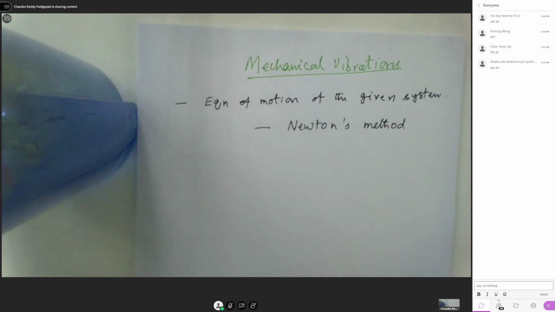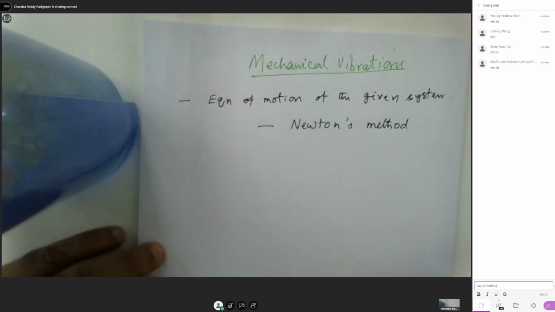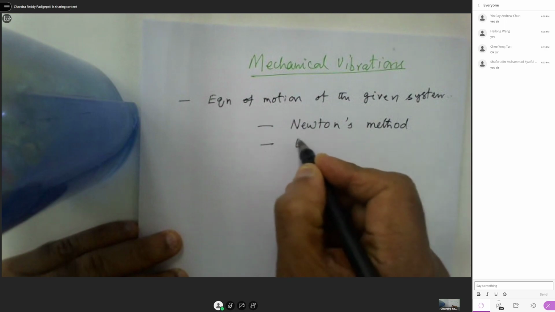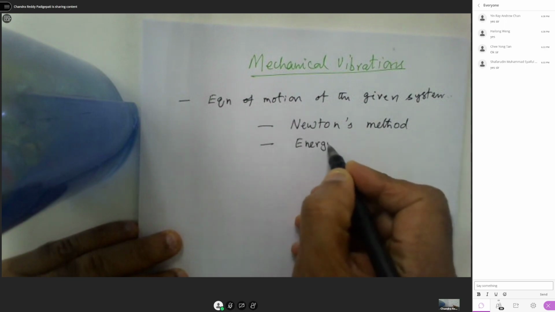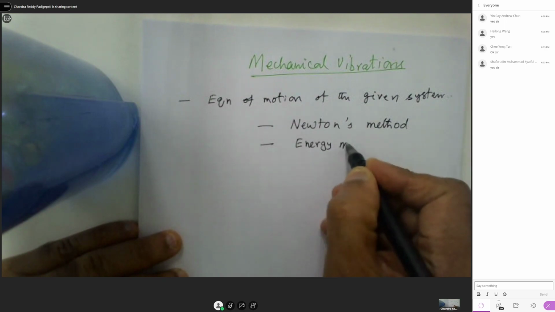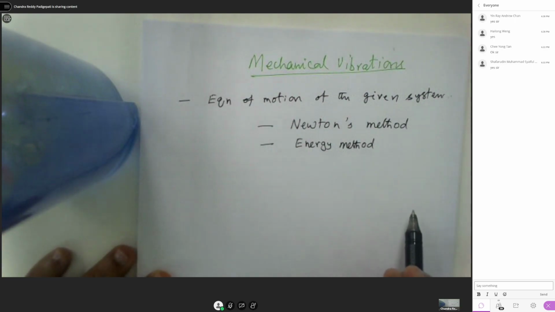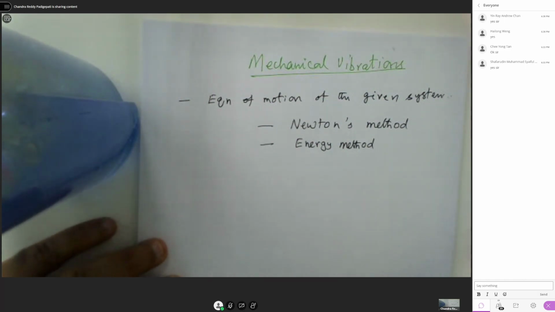If the system has a rotational motion, then the net torque acting on the system is equivalent to the moments. Then the other method is the energy method. So we can use Newton's method or the energy method to derive the equation of motion of a system.